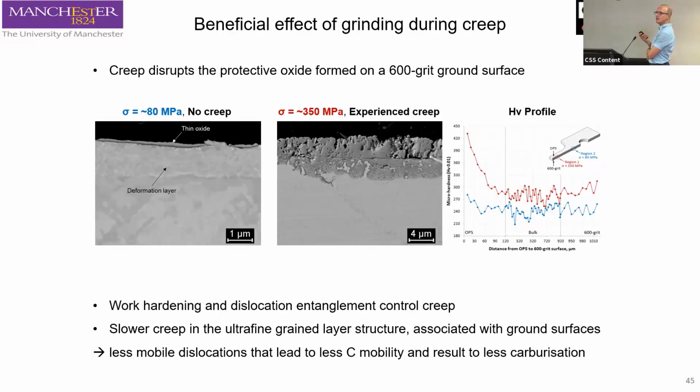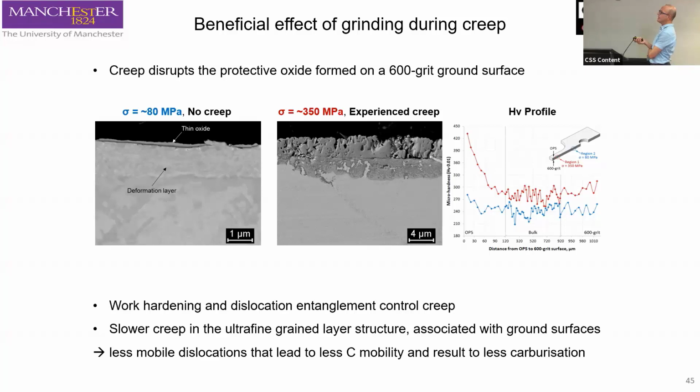The reason for this is because during the grinding process, prior to the oxidation and creep testing, we have cold worked the material, and by cold working the material, we increase the resistance for the dislocation movement.